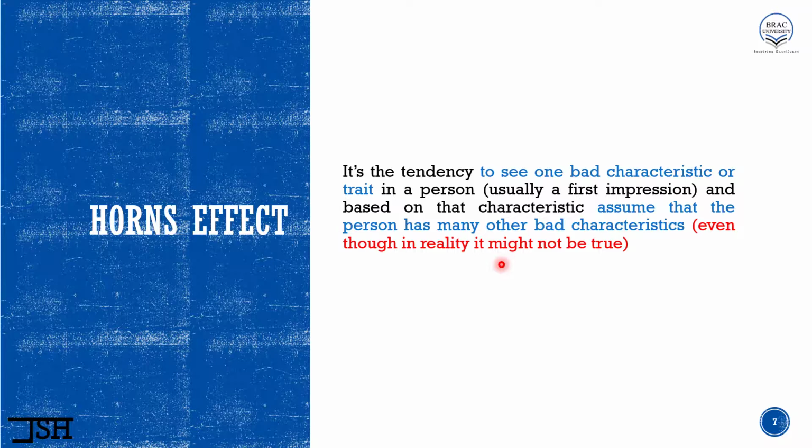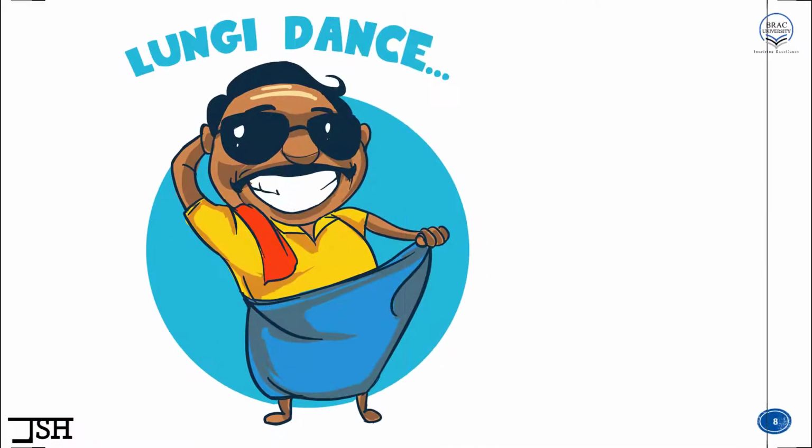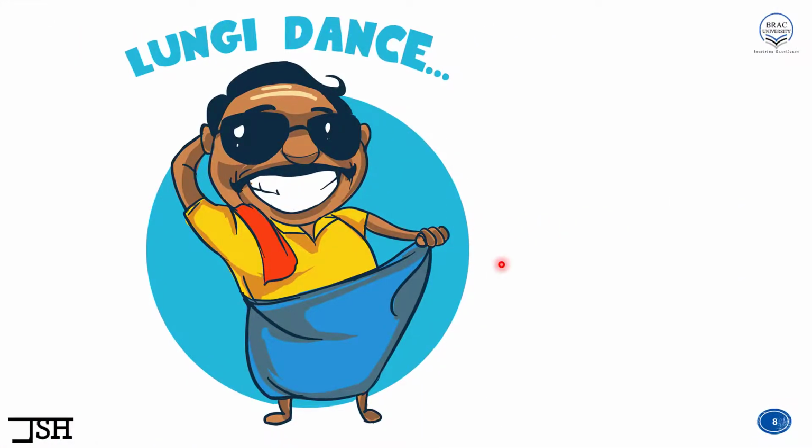Let's take a look at the example, all right? Now, for the sake of this example, let's again assume that you are an interviewer. So you are sitting in an interview board and waiting for job candidates to come in. This time, this person comes in first. I'm sorry for using this photo. This is just fictional. It is for understanding purpose. So yes, your first impression about this person is that yes, this is a really poorly dressed person.